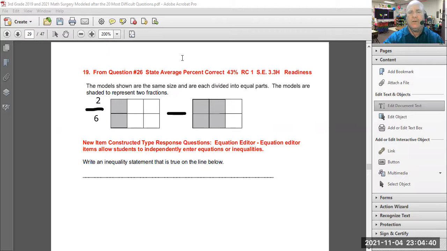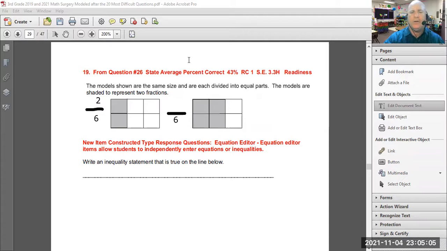Using the spotlighter, we'll count again. 1, 2, 3, 4, 5, 6. Once again, we have 6 parts in the denominator. So we will type a 6 there, just like we did. Fraction whole, 6 parts. How many are shaded?